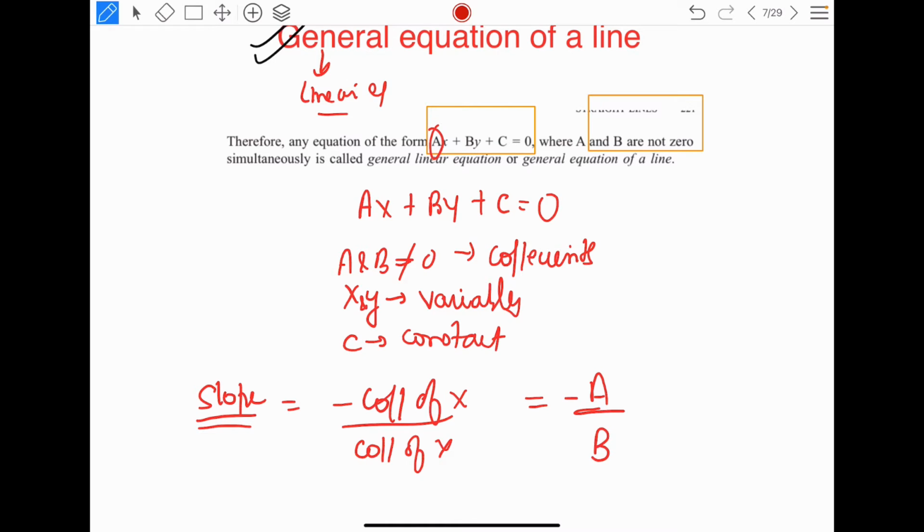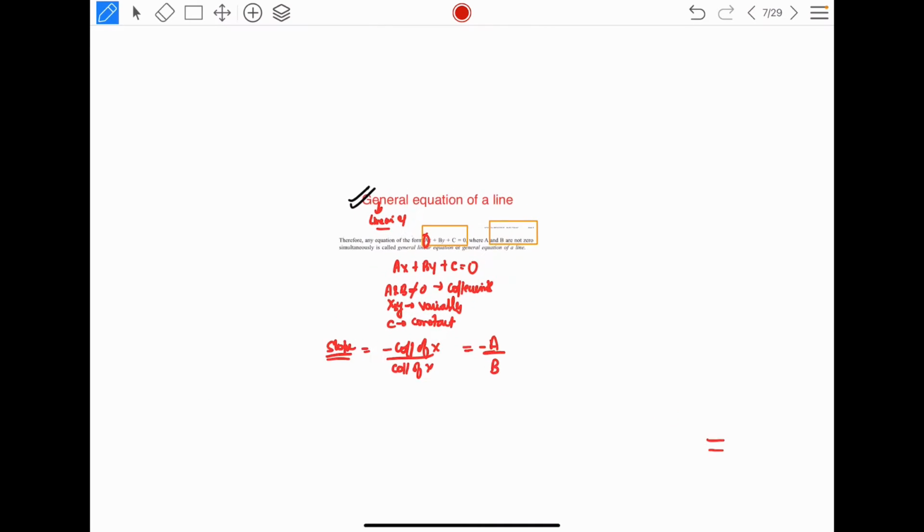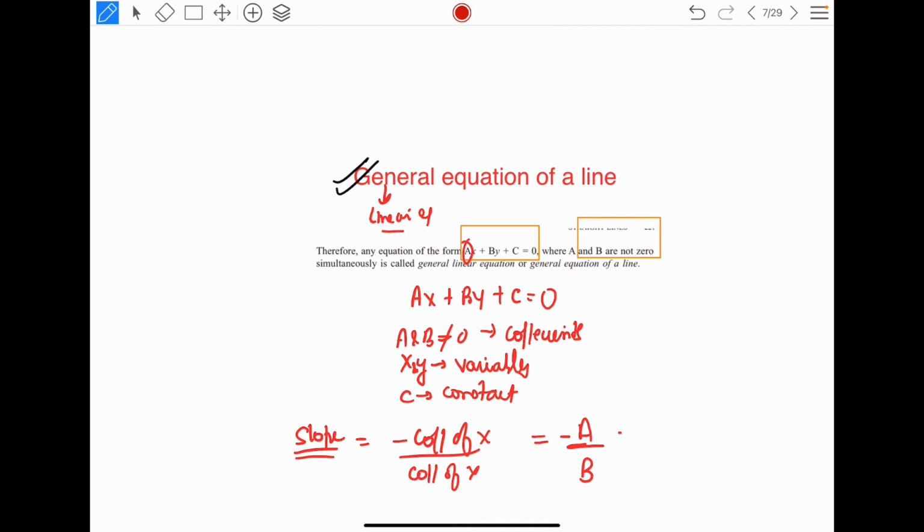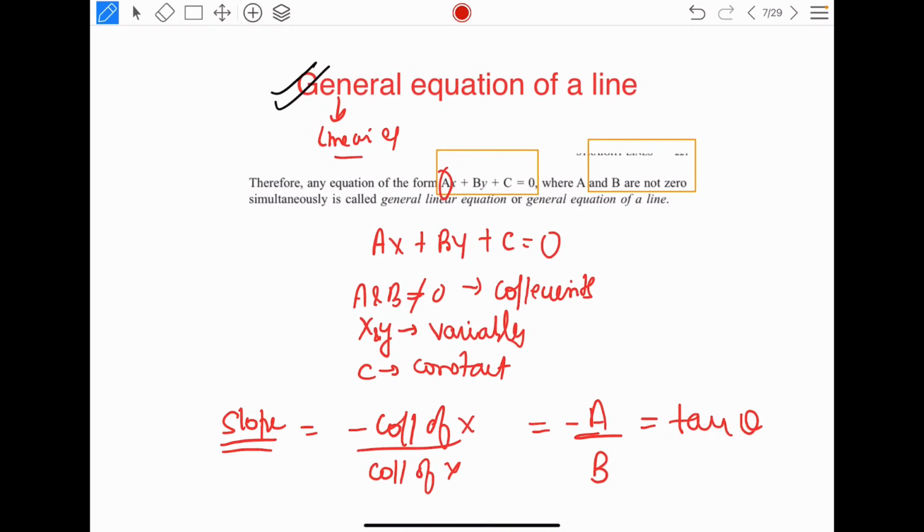So minus a by b is also your slope, which means minus a by b is also equal to tan theta. Simple. So whenever we are given a line in the general form ax plus by plus c is equal to 0, where a is the coefficient of x and b is the coefficient of y, the slope is minus coefficient of x upon coefficient of y, or minus a by b.